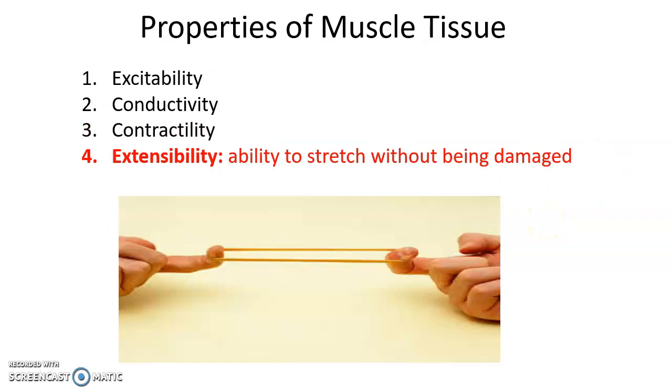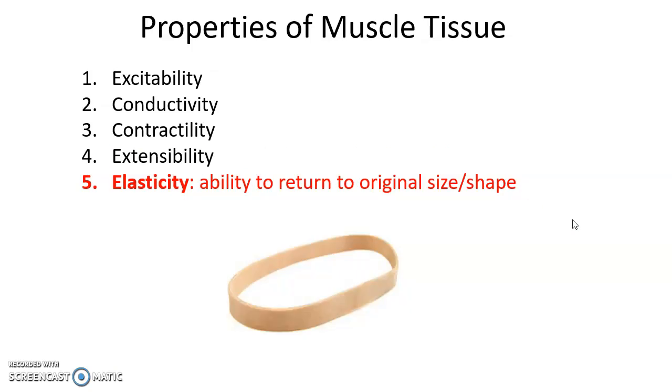Then there's extensibility. Muscles can stretch beyond their normal length to a certain degree without being damaged. Like a rubber band, you can pull on the muscle and it can stretch. And then elasticity: again, like a rubber band, when you're done stretching or contracting, the muscle will return to its original size and shape.